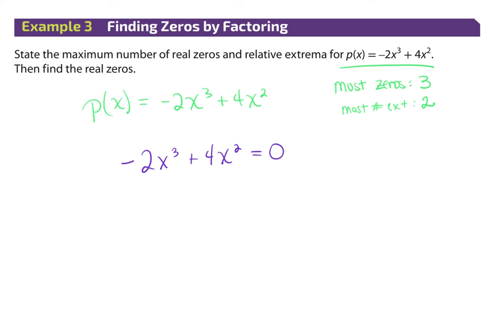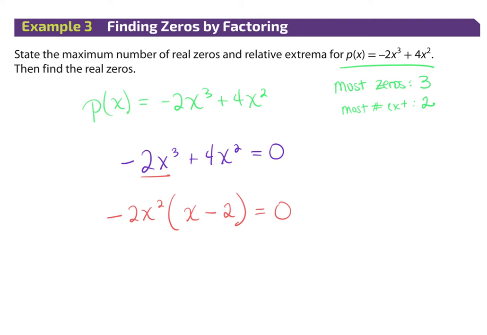I am then going to be solving by whatever method I need to solve by. This right here, I'm going to actually factor it. So I would factor out a negative x squared, because I like my leading guy to be positive. Actually, I can take out a negative 2x squared here, because 2 also comes out of both of them. So I have just an x here minus just a 2 here.